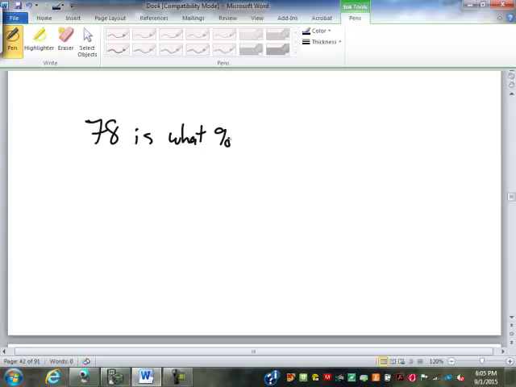$78 is what percent of 60? So once again, we're missing the percent. Blank out of 100. On the other side, the 78 or the 60, which one matches up with the missing percent? $78 is what percent?